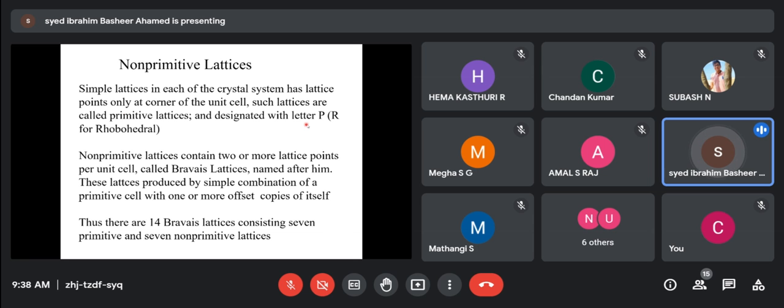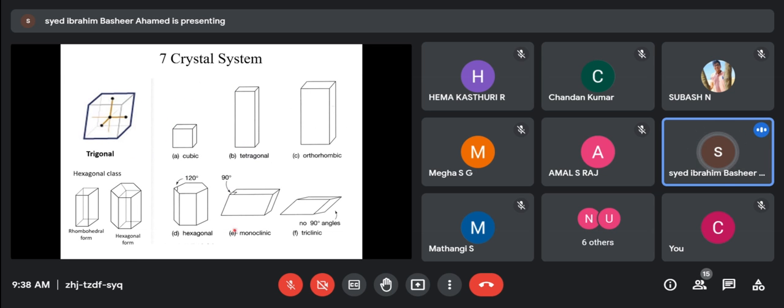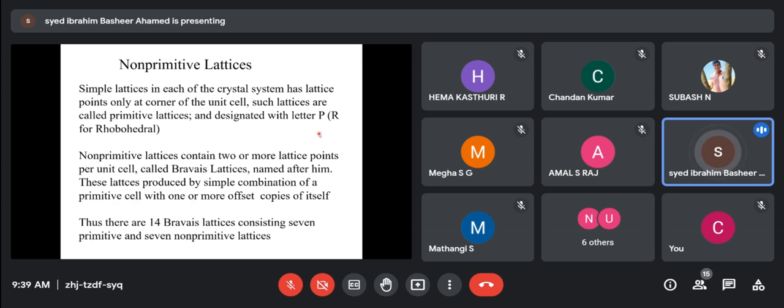So such a cell is called a primitive cell. So even though we have all these 7 crystal systems, all these will be called a primitive cell only, except rhombohedral, for which we use the letter R. Okay, so rhombohedral is denoted with the letter R.